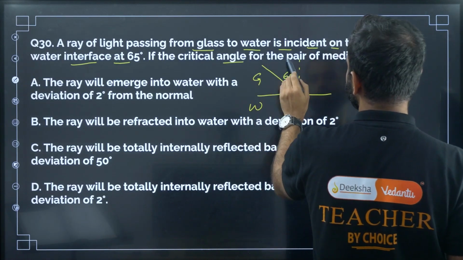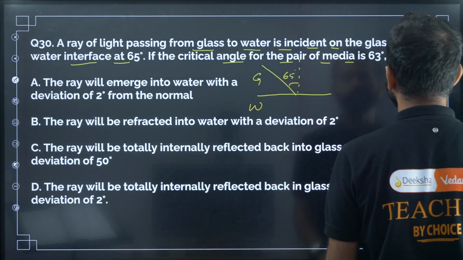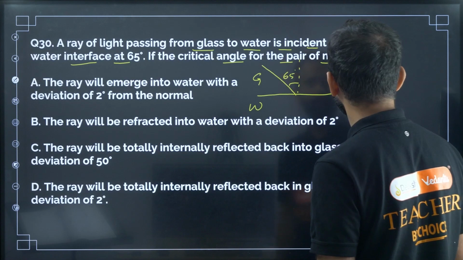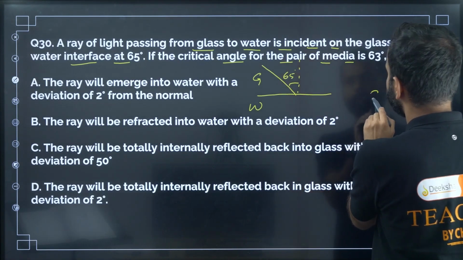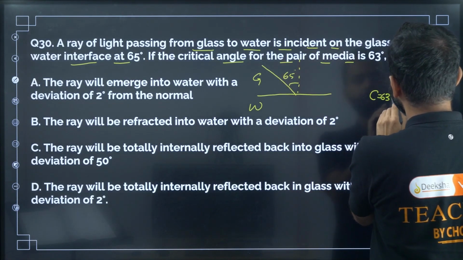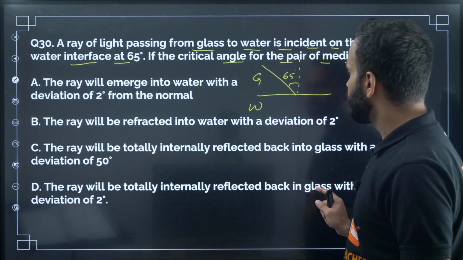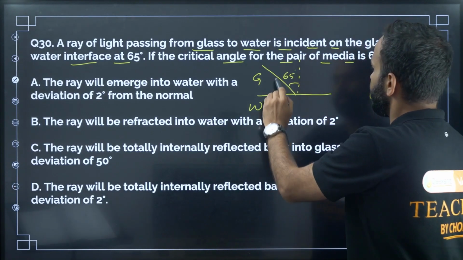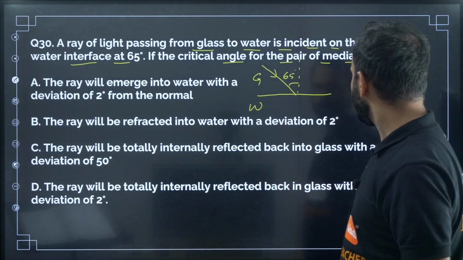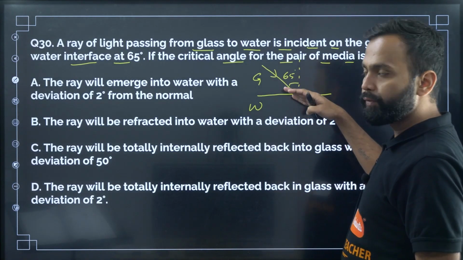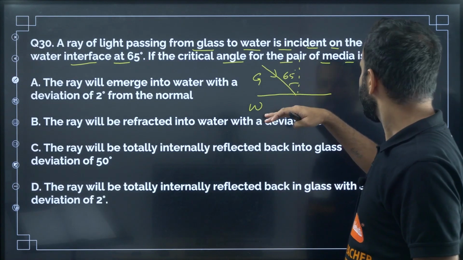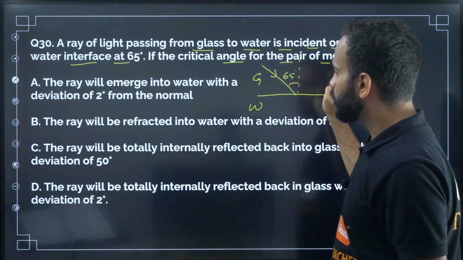If the critical angle for the pair of media is 63 degree, that is C equal to 63 degree, this ray will undergo total internal reflection, because the angle of incidence is greater than the critical angle.